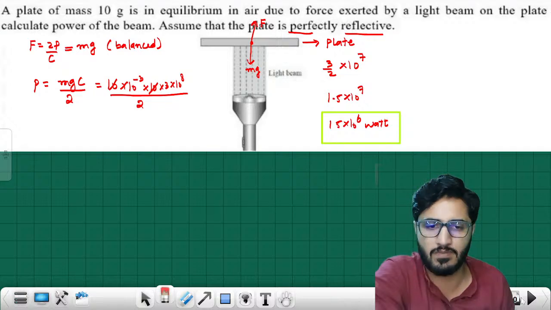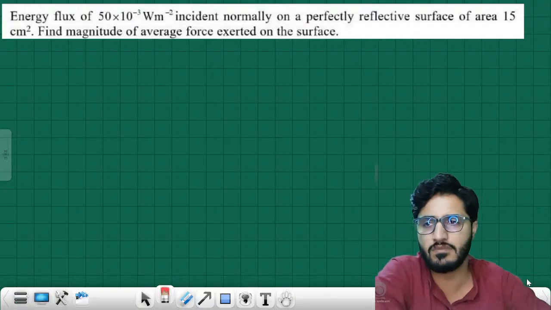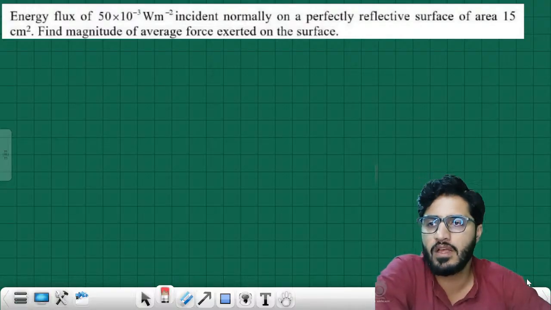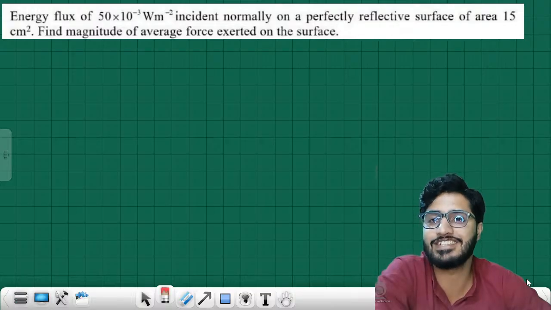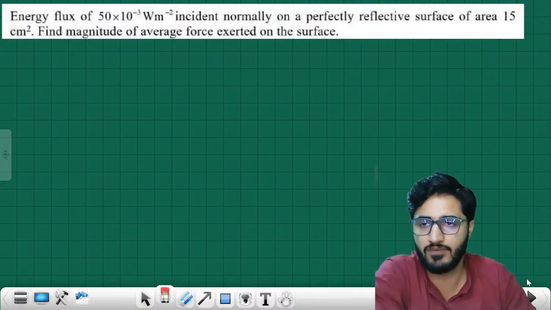Next numerical is like energy flux, okay, intensity of 50 × 10 to the power minus 3 watt per meter square incident normally on a perfectly reflecting surface of area this much. Perfectly reflecting, done.